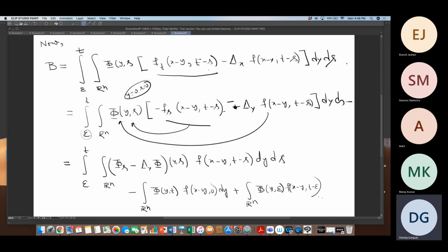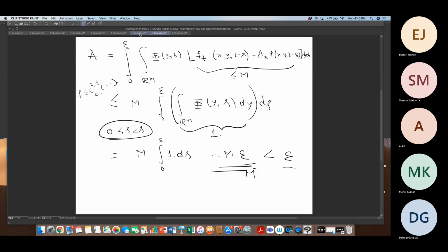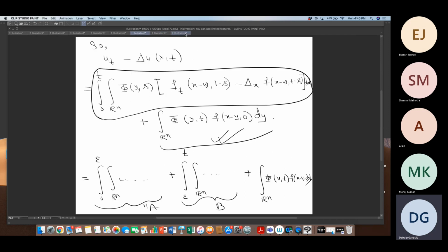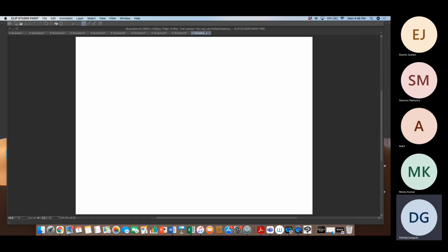Okay, and if I go on, see, this term is there, this will cancel out with this term. Okay, so let me write down, then you will understand. So u_t minus Laplacian u at the point (x,t) is equal to a plus b plus the integral over R^n of phi of (y,t) f of x minus y, 0 dy. This is because a is less than M into epsilon. What is b?